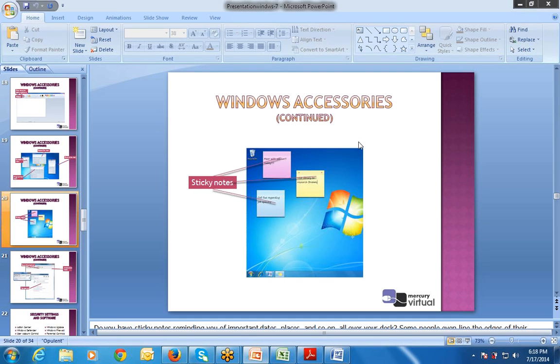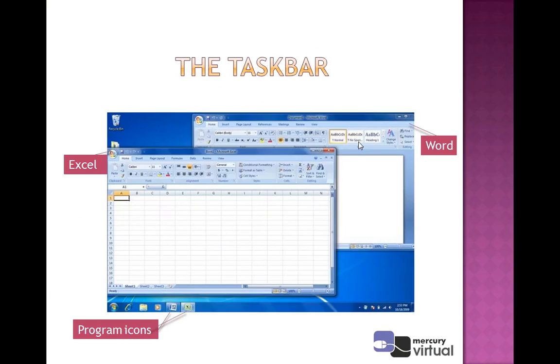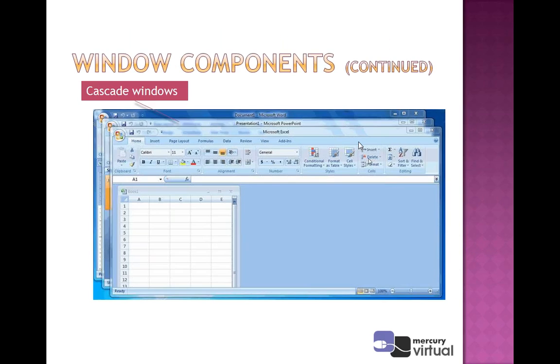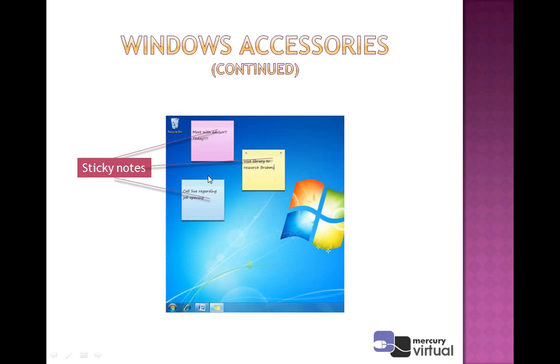This is a sticky note. Wow, this is so interesting. These are known as sticky notes. Means in simple terms, if you want any reminder like tomorrow is my friend's birthday, and I want to recall that, I can put the sticky note on my desktop so that whenever on the next day I open my desktop, my computer, my laptop, I can simply see whether there is an update or not.